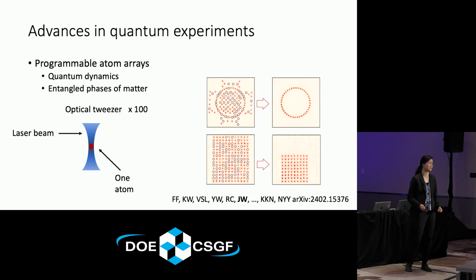These complicated experiments, far more than I worked on in undergrad, with hundreds of optical tweezers can be used to rearrange atoms dynamically into geometries seen on the right, like here and here, where the fluorescence of these balls of light come from single atoms. And using these atom arrays, we're able to study different quantum dynamics as well as entangled phases of matter. And this motivates being able to develop better classical simulations in order to understand and interpret these experiments.